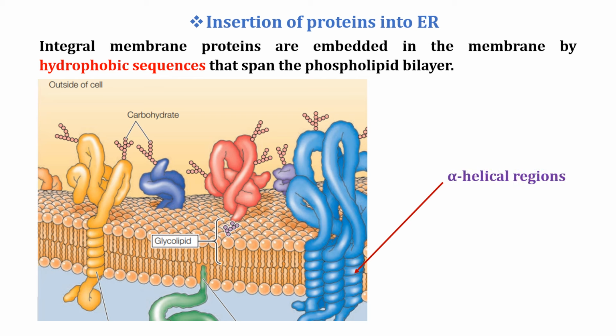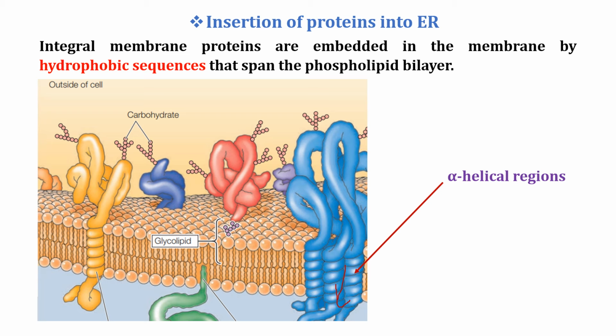For example, alanine, valine, glycine, leucine, isoleucine, proline, phenylalanine and tryptophan. The membrane spanning portion of these proteins is usually an alpha helix consisting of 20 to 25 hydrophobic amino acids.